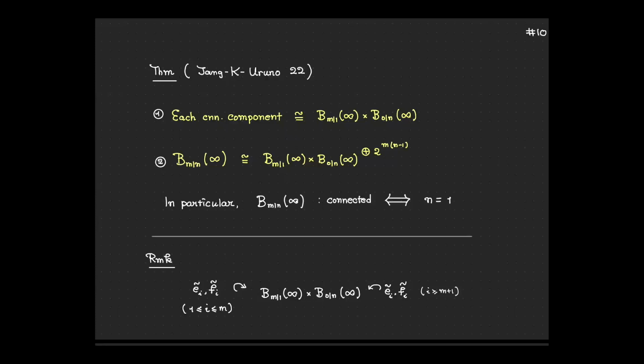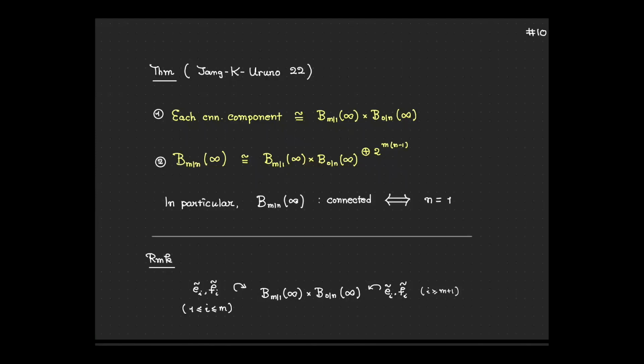So they act separately. So the result is that each connected component in our limit crystal is isomorphic to that kind of crystal. Somehow the structure is split into GLm1 and GL0n.